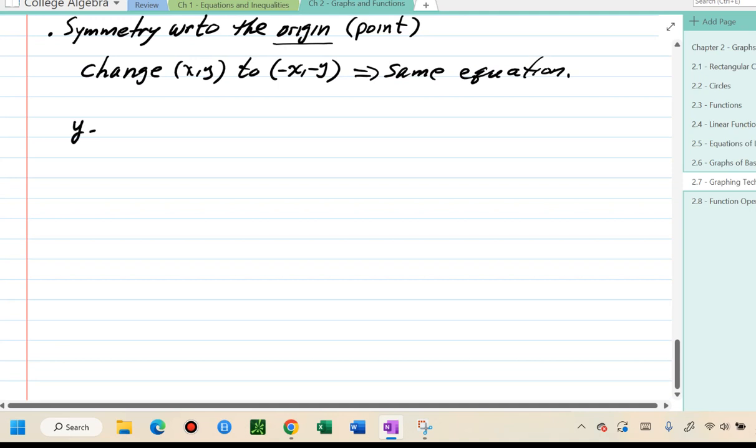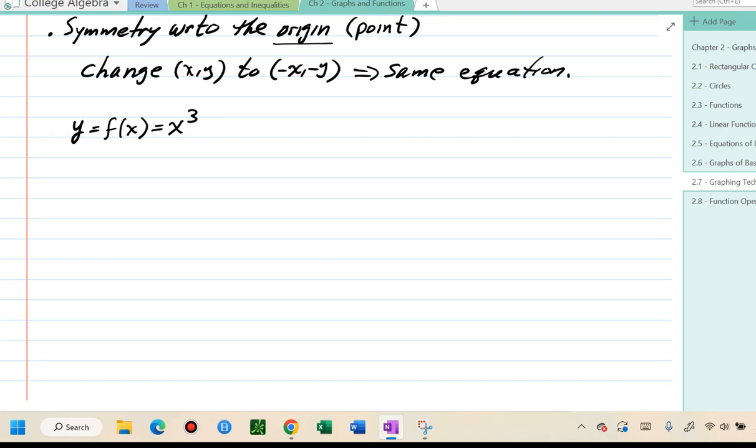For this one, let's look at our cubing function. We already have one in our gallery of functions. I'm going to change x to negative x and y to negative y. You have to change both of them, not just one. So changing both, here's negative y, and negative x cubed.